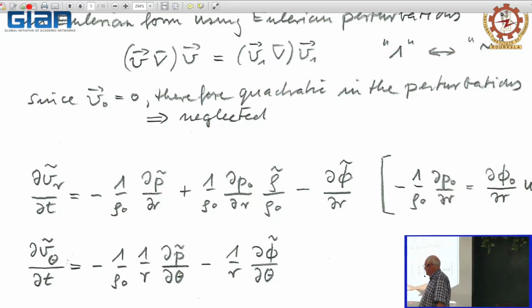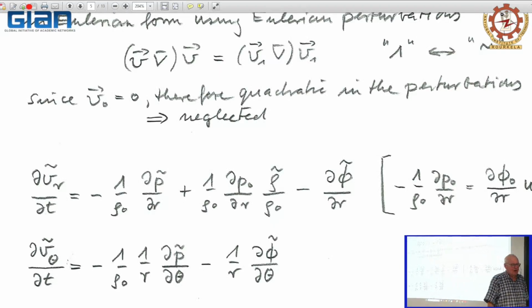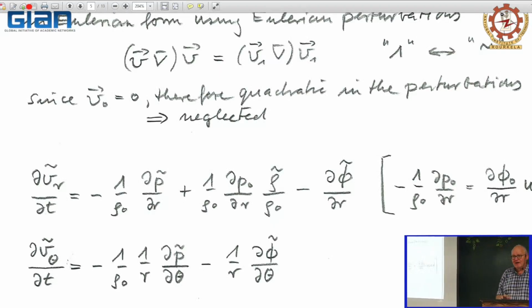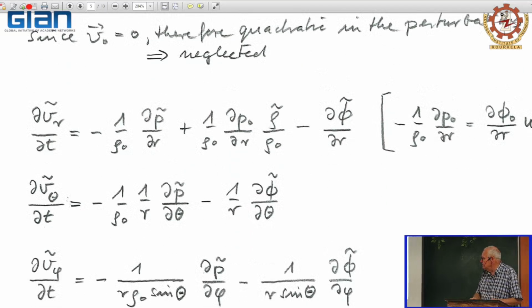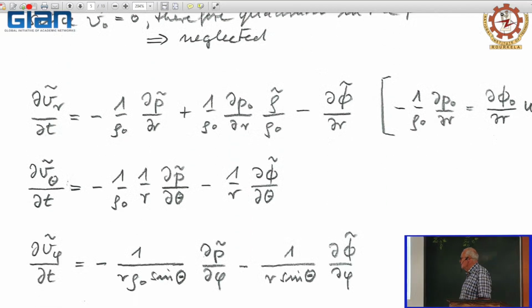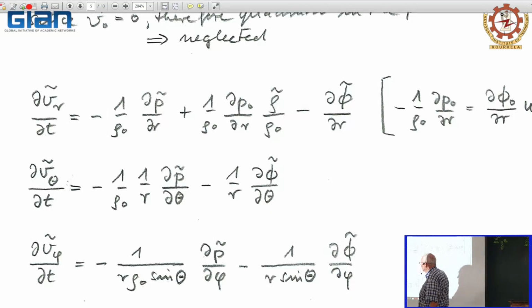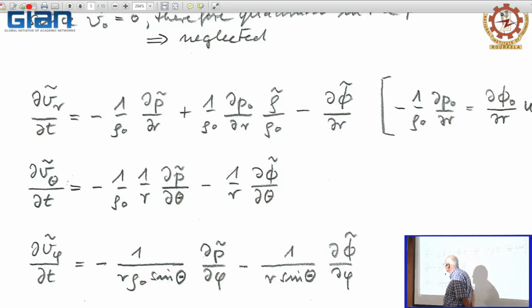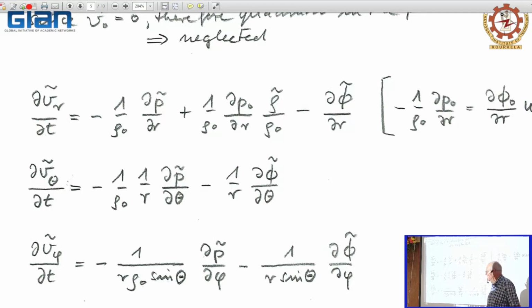Okay, there is no stationary counterpart for the theta and phi component of the momentum equations, so they become rather simple. The left-hand side is similar, the acceleration is similar to the left-hand side of the radial component. So this is the Eulerian perturbation of the theta component, and the phi component differentiated with respect to time t in the Eulerian sense.